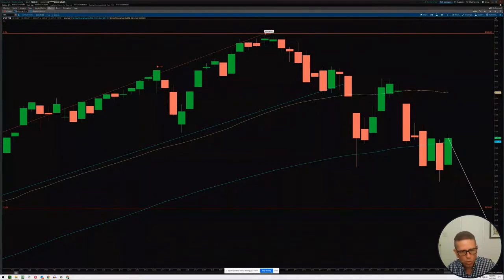Okay. So the likelihood, and this is why it's called a high probability trade, right? The likelihood of this position being breached is very, very small. Okay. However, it can happen. And so when do we manage a threatened trade in volatility?